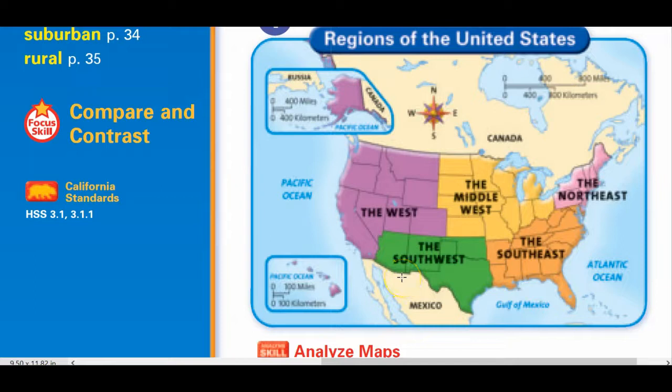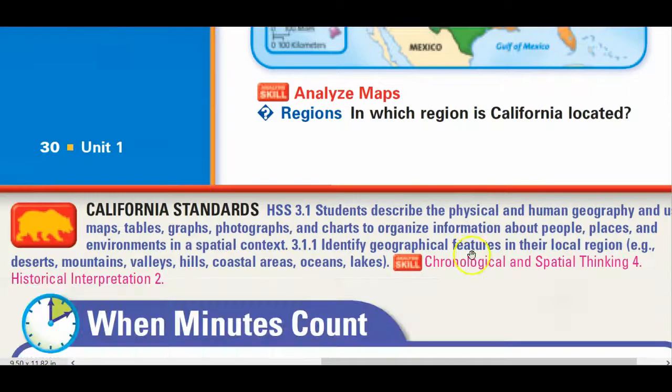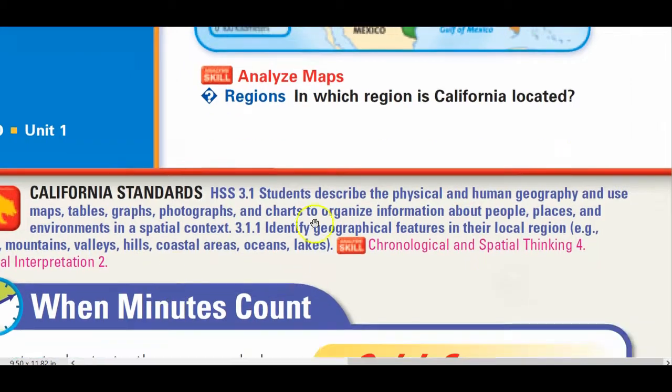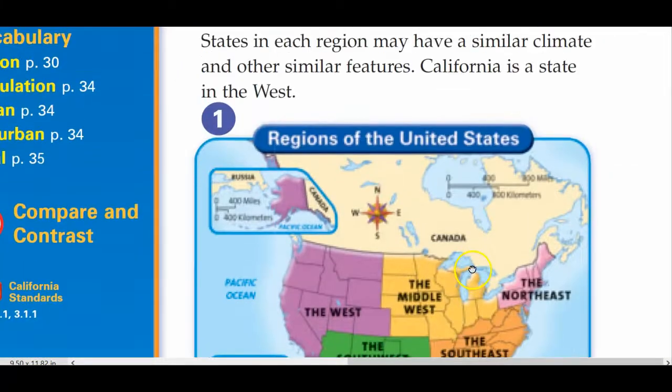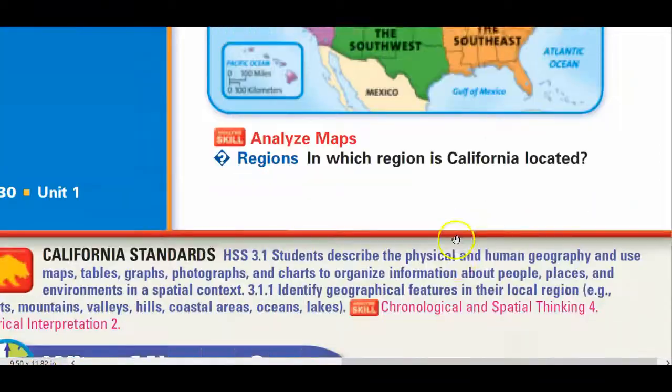The middle west obviously is in the middle of the United States, right? The southeast, that's where Florida is. The northeast is where New York would be, right here. All right, so that's all the text in that page. Let's go to the next page.